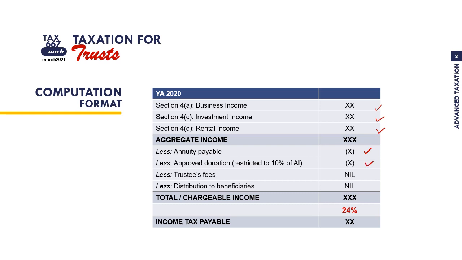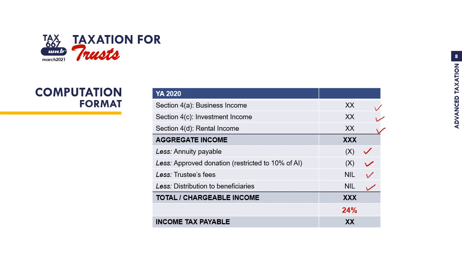Less trustees fee. Trustees fee is not deductible, so we put it as nil. Another one, less distribution to beneficiaries. Distribution to beneficiaries is not an annuity. It is not deductible, so put it as nil as well. Then you arrive at total or chargeable income.